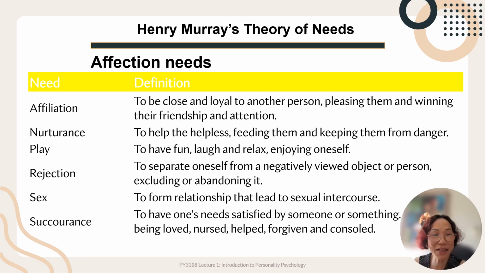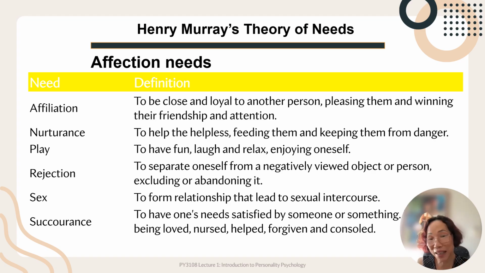And affection needs, for example, we need affiliation. We need to be close and loyal to other persons, pleasing them and winning their friendship and attention, or nurturing, to help the helpless, feeding them and keeping them from danger.